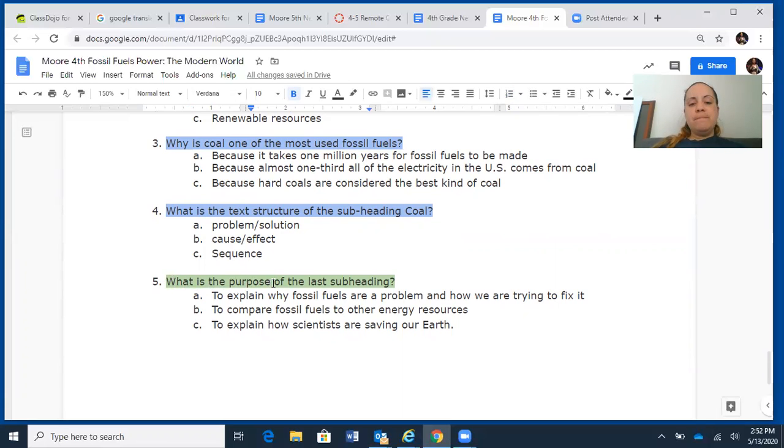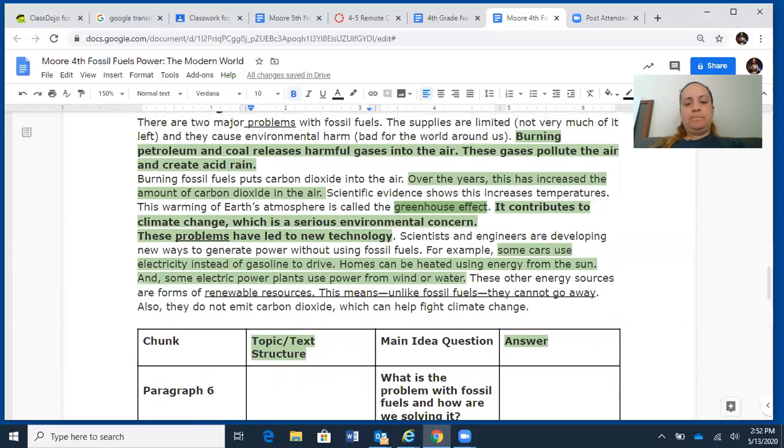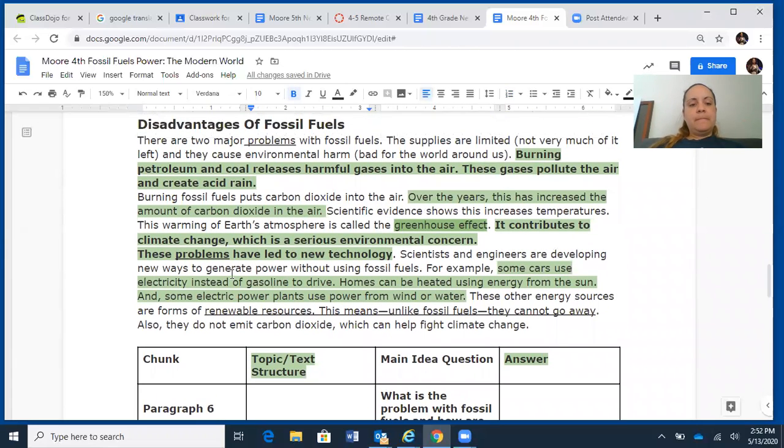Last one. What is the purpose of the last subheading? So this is kind of like text structure. What is the purpose of writing this text? So let's go back. It's going to be in green. So remember, it says that we're talking about the 2 problems of fossil fuels.